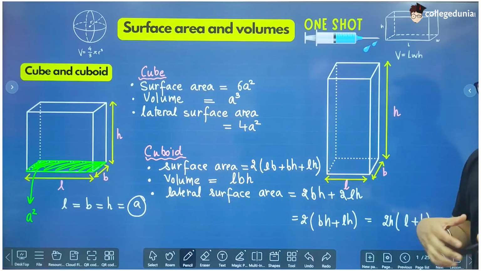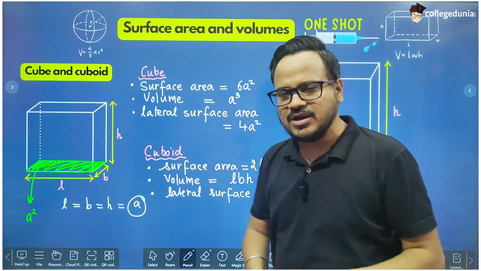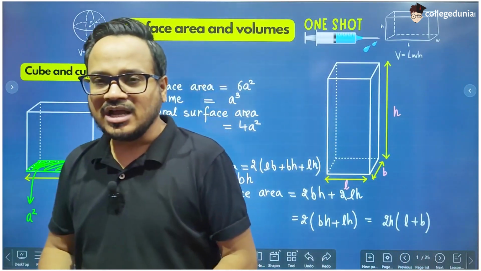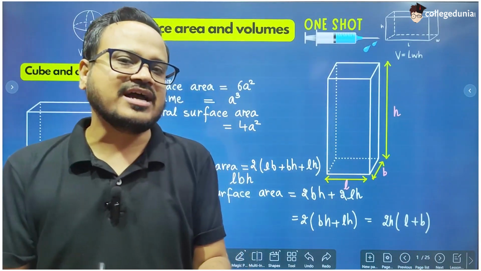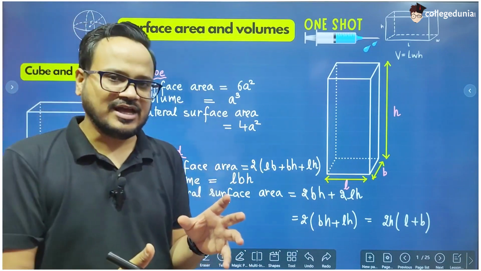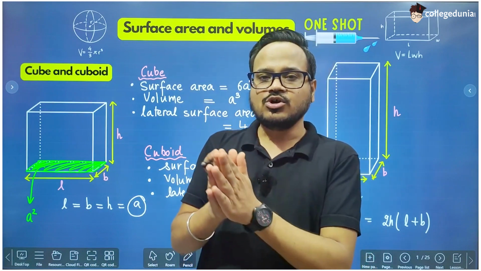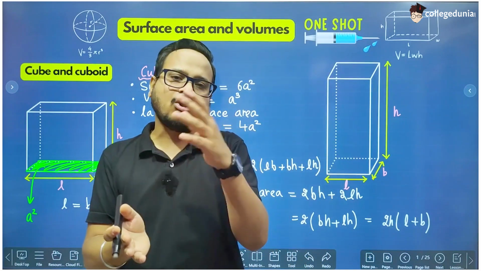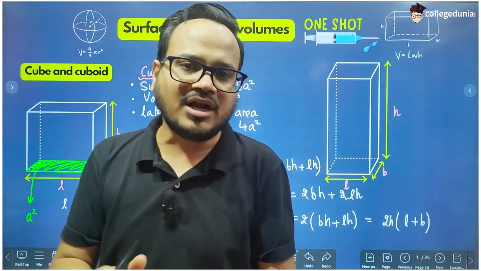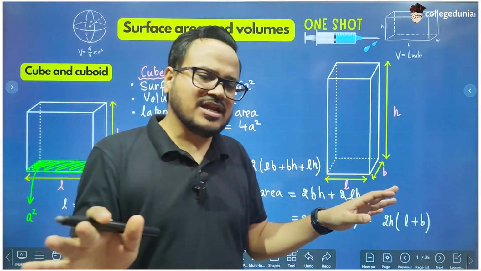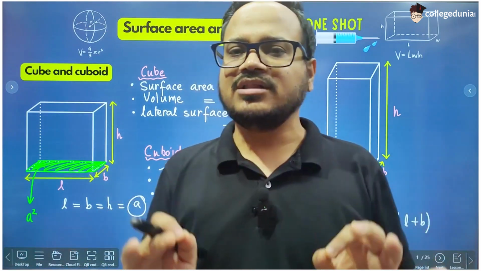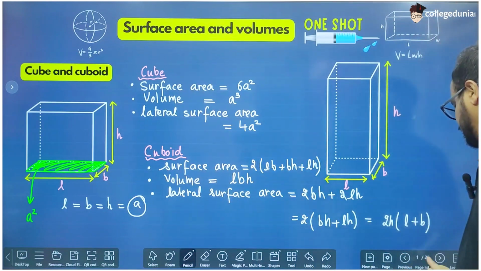If the sides are given in different units, one side in meter, one in centimeter, then you have to convert all the sides into the same unit before finding the area. You can convert meter into centimeter or centimeter into meter. That doesn't make any difference, but all the sides should be in the same unit.